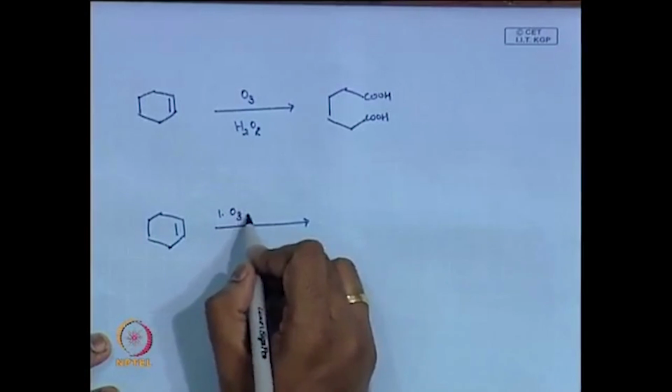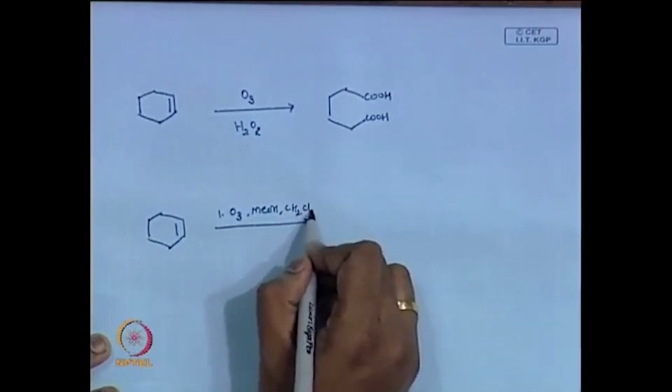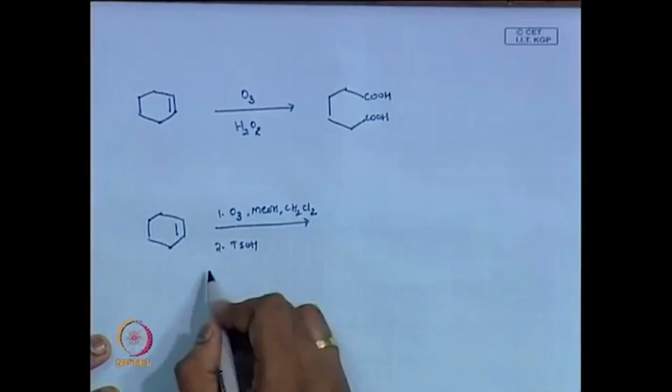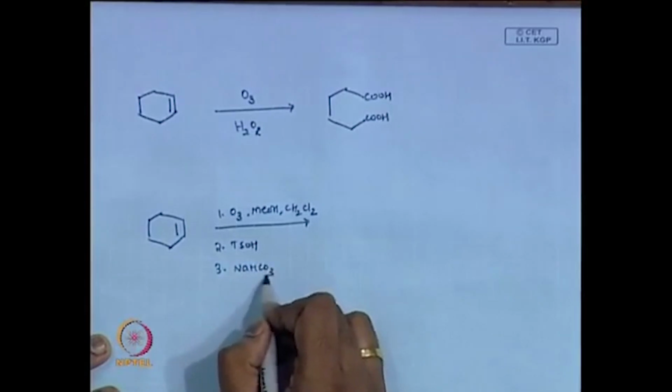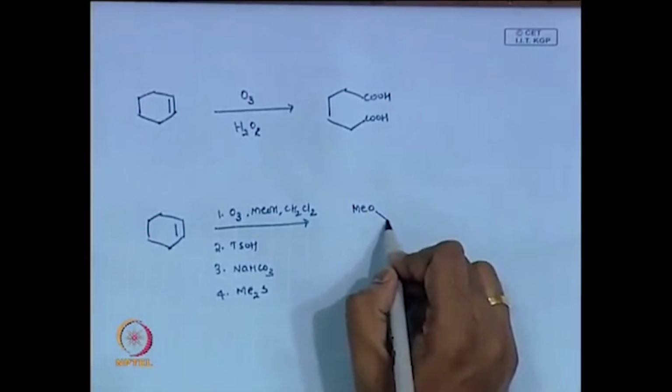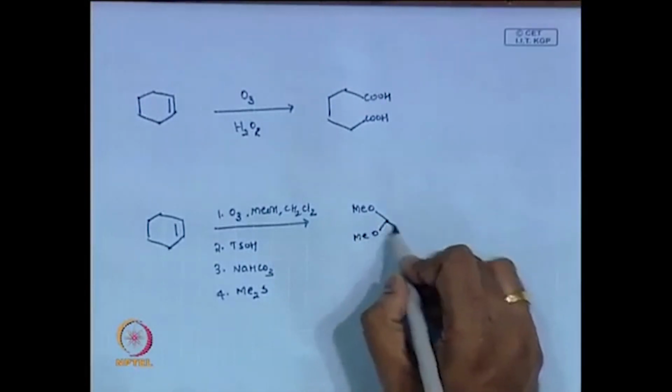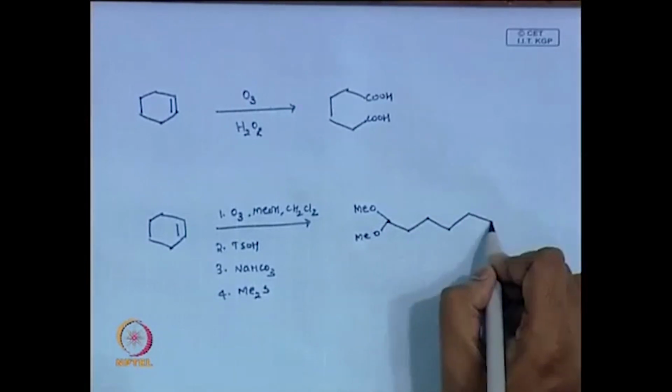If I treat it with ozone in methanol and dichloromethane, as the first condition, then in the second step I use TsOH, and in the third step a little bit of sodium bicarbonate workup with dimethyl sulfide, what product can you think of? With the same cyclohexene type of system, you can end up with a hemiacetal type of system. So, what happens in this reaction? How do you end up like this?